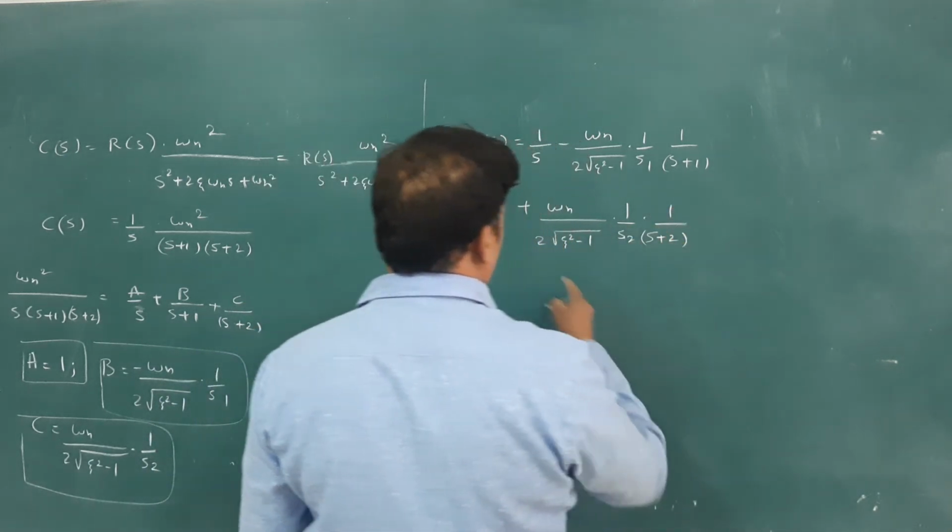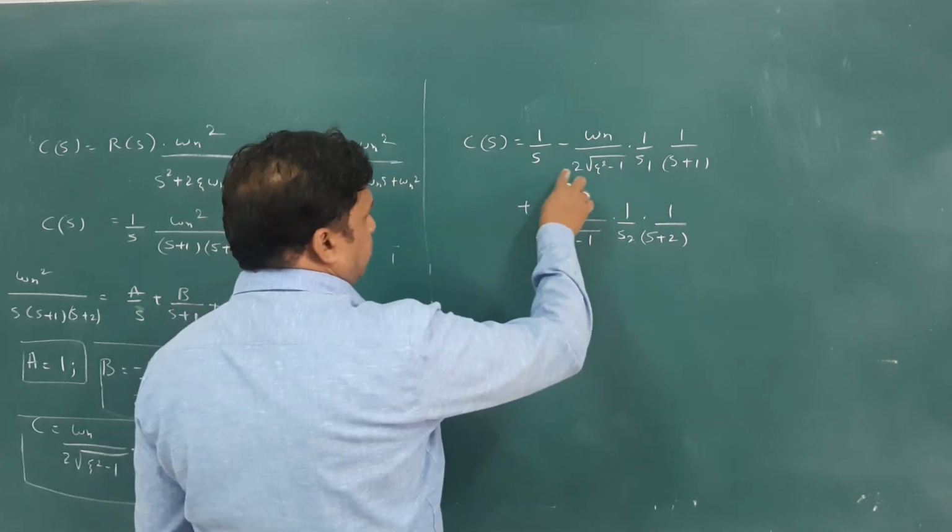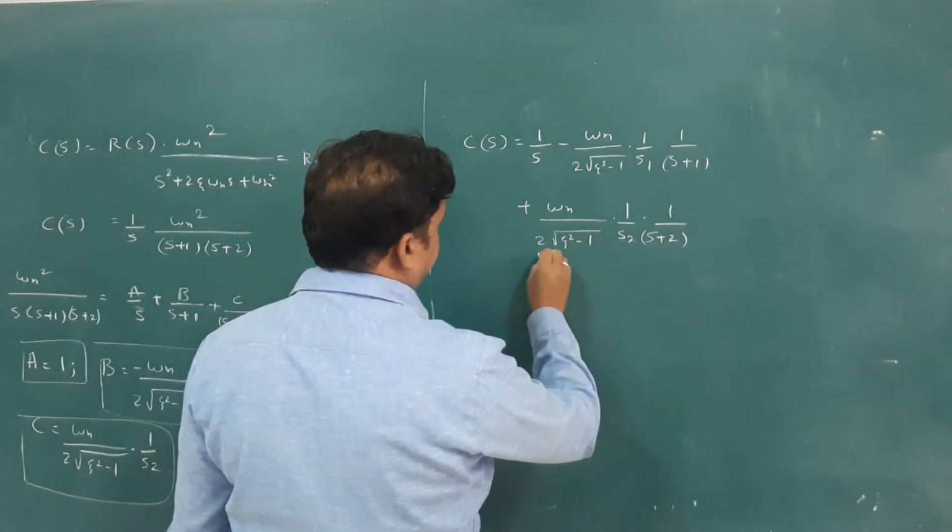This is the total value we are getting for C of S: 1 by S minus this term plus this complete term.